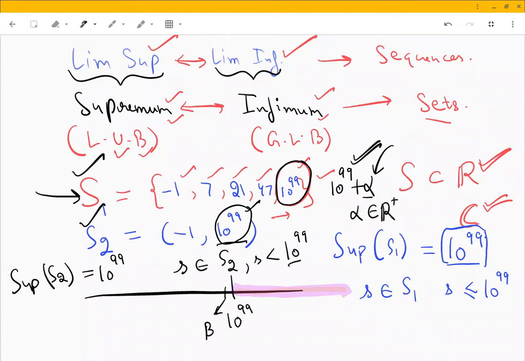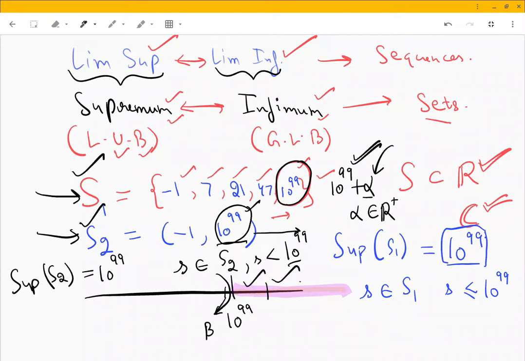However, 10 to the power 99 is the upper bound of S2, but it is not contained in S2, right? Also, any number greater than 10 to the power 99 will also be a bound on this set because no element of the set can exceed these numbers. Your set finishes here. Nothing can go beyond this on the number line.